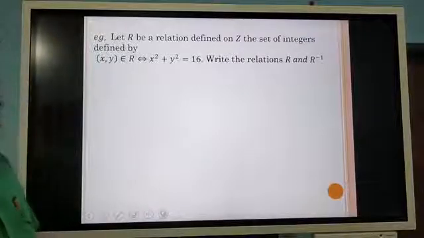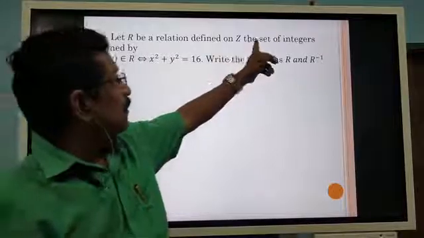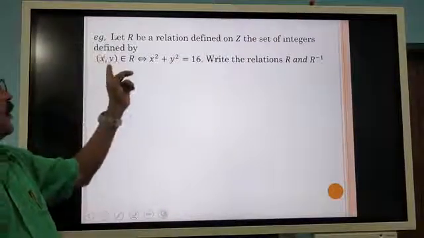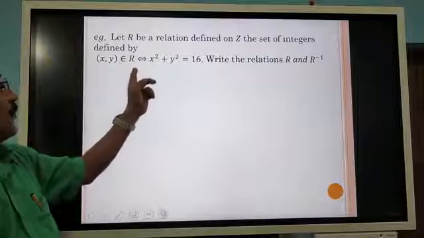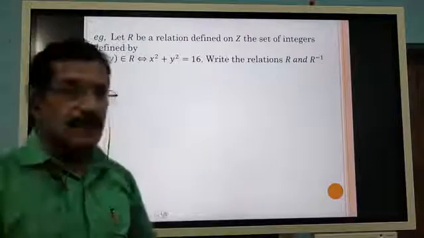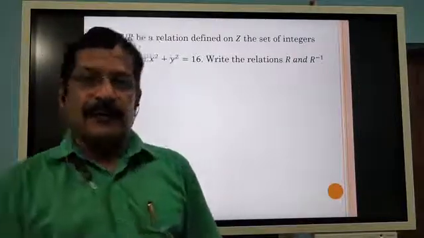Now, let R be a relation defined on the set of integers by: ordered pair (x, y) belongs to R if and only if x square plus y square equal to 16. Write the relations R and R inverse.